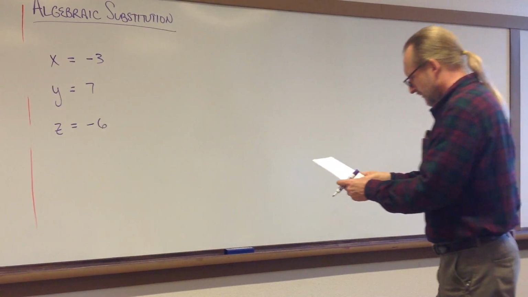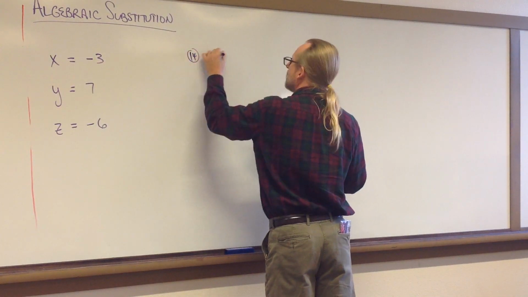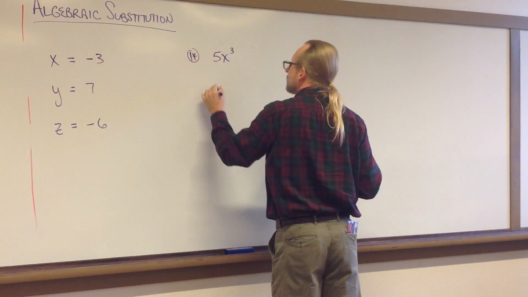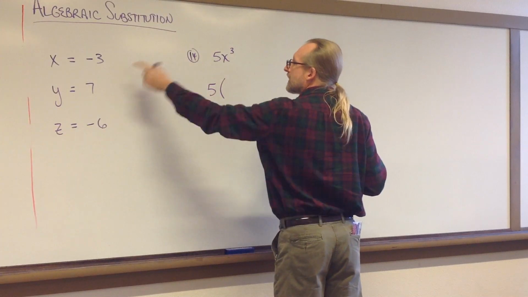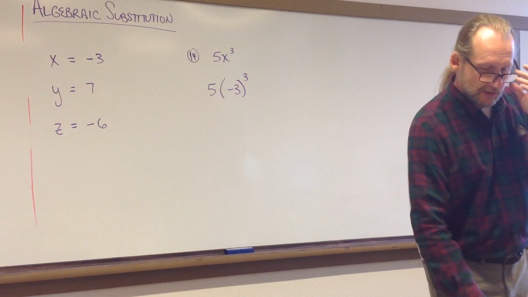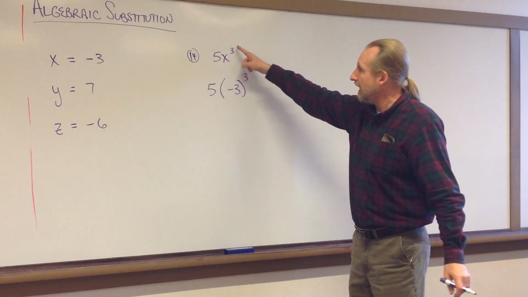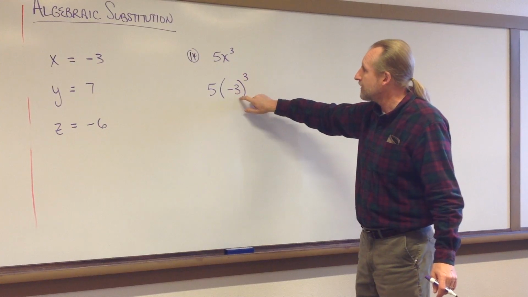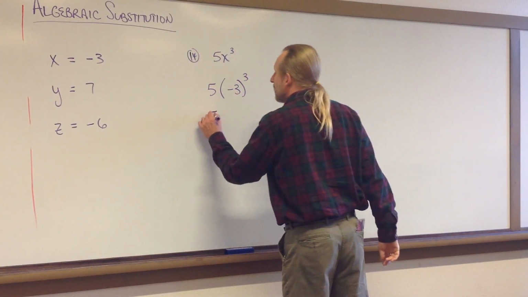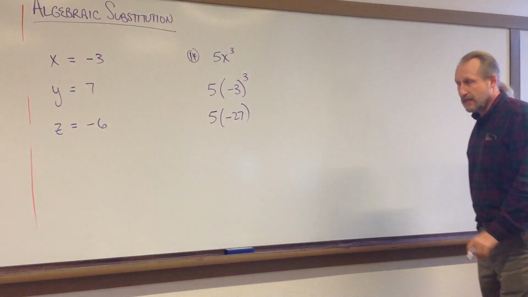Let's look at problem 14. 14 is 5x to the third power. X is negative 3. And we want to raise that to the third power. So the order of operations says do that exponent first. So we need to do negative 3 to the third power, and that should be negative 27.